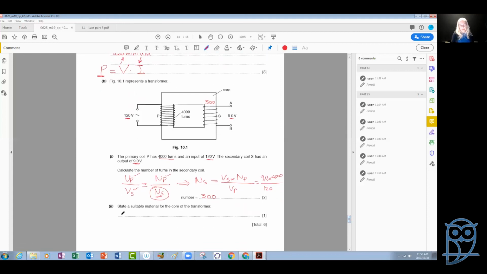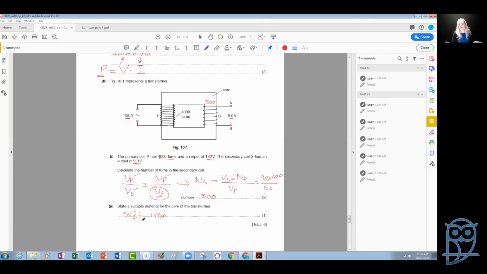Now the next one says, state a suitable material for the core of the transformer. Well, it has to be soft iron at best. Even if you say just iron, they will consider it correct.